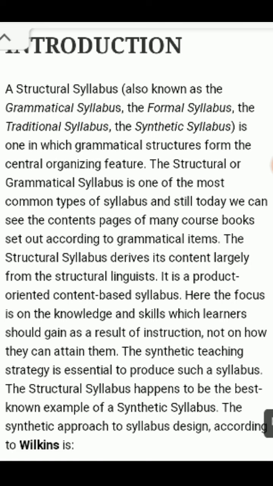Okay, the synthetic teaching strategy is essential to produce such a syllabus. In the next paragraph, inshallah, there would be a definition of synthetic teaching strategy. Okay, the structural syllabus happens to be the best known example of a synthetic syllabus.